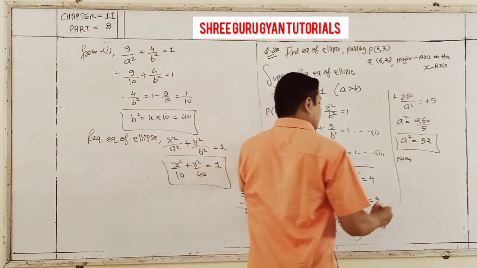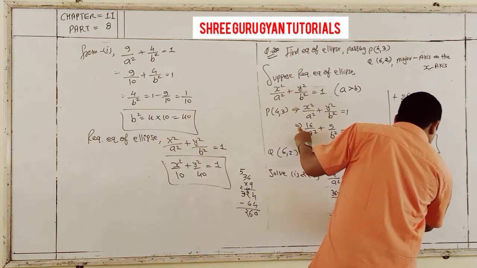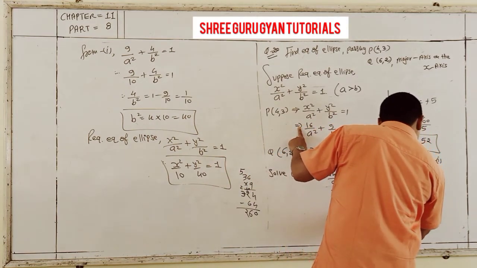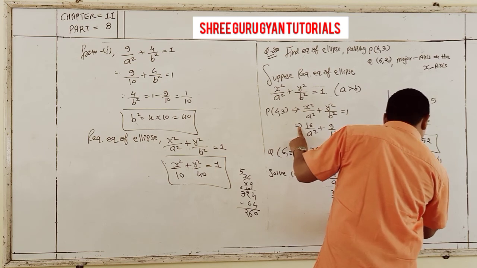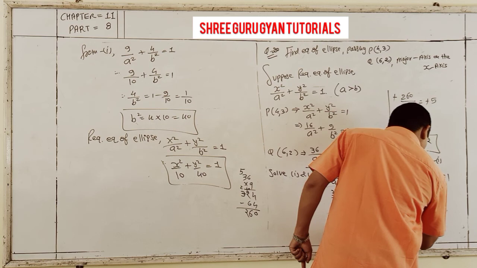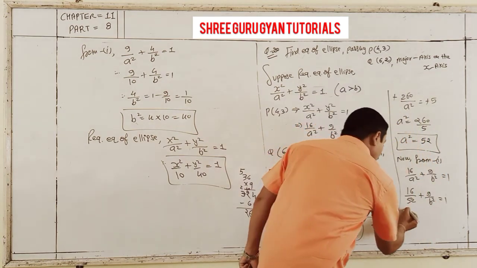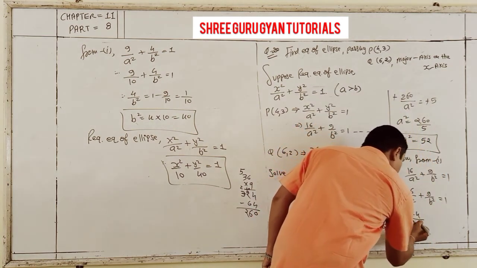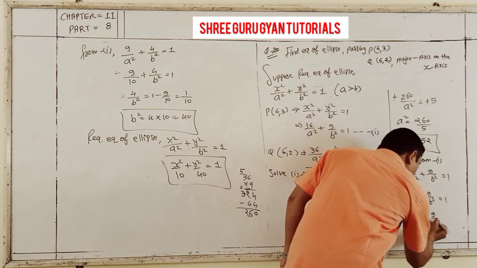Now this a square 52, you put in first or second. I will go to first. From 1, 16 by a square plus 9 by b square equals 1. So 16 by 52 plus 9 by b square. Students, here 4 4s are 16, 4 13s are 52.